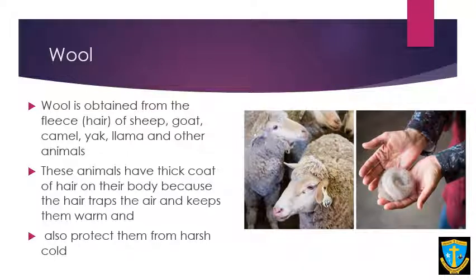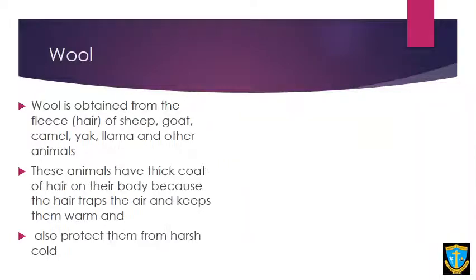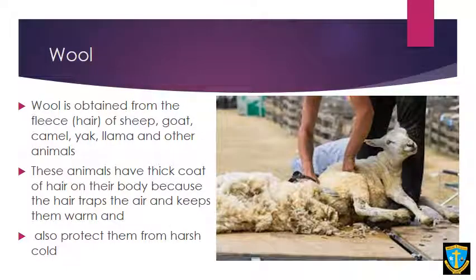During the warm season or the summer season, the sheep's coat is removed by a shearing method. It is sheared off, and thus we obtain wool. So here you see the shears are used to remove the hair from the sheep. It does not hurt it.